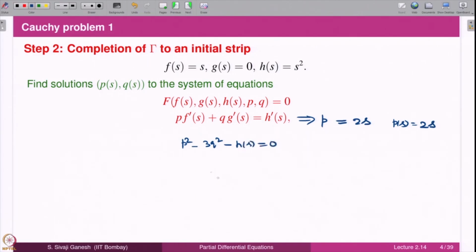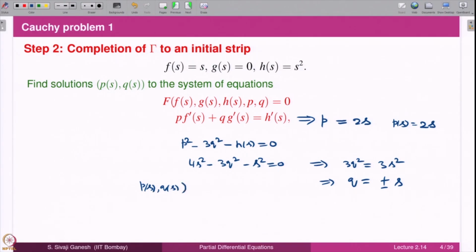But now, I have found p square, that is 4s square, minus 3q square, h(s) is s square, equal to 0. So, that will give us 3q square equal to 3s square, and that will give us q equal to plus or minus s. Therefore, we have got 2 pairs p(s), q(s). p(s) of course is always 2s, and the other one q(s) is s or minus s.